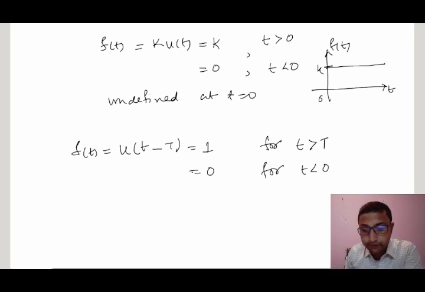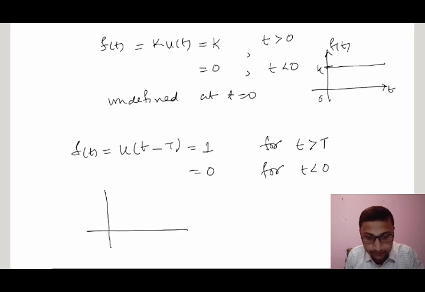So if I draw the graph, suppose this is the time axis, and this is a function. That means this is the origin, and this point, suppose this point is capital T, that means delayed from the origin.